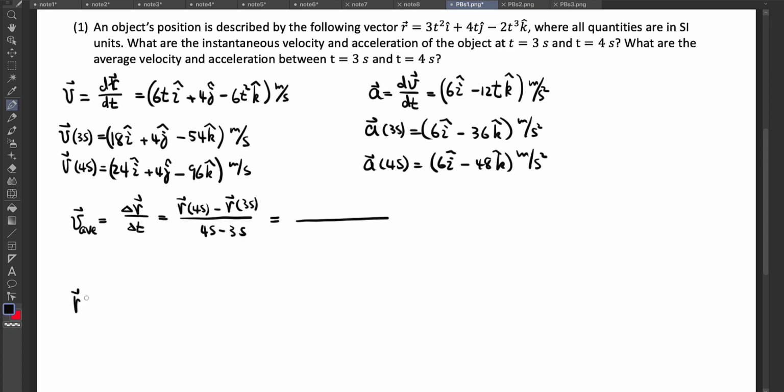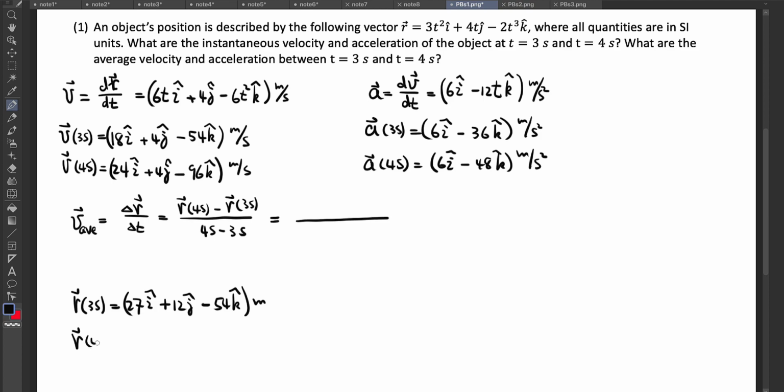So r at 3 seconds equals, when I plug in 3 here, I get 27 i hat. Now the second term will be 12 j hat. The third term is minus 54 k hat. The unit here is meters.